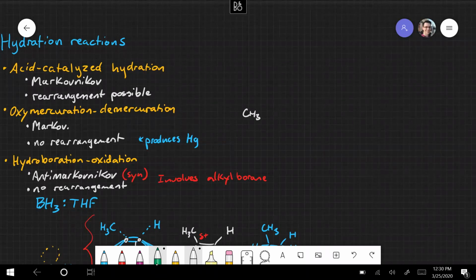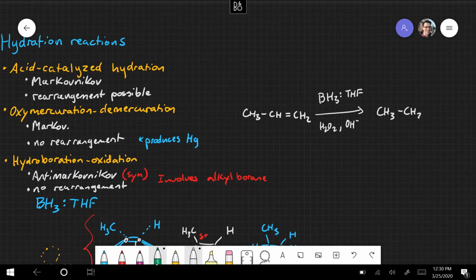CH3. All right, so here's our propene. The first step involves borane and tetrahydrofuran. The second step involves hydrogen peroxide with a strong base, and this would end up producing a primary alcohol, following the anti-Markovnikov orientation.